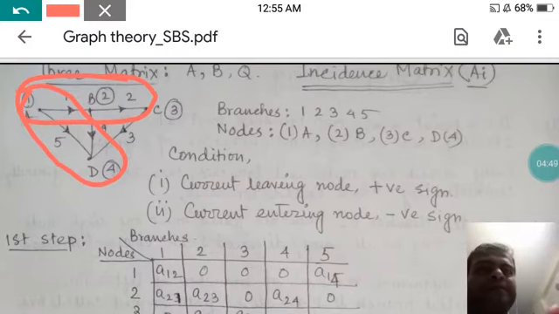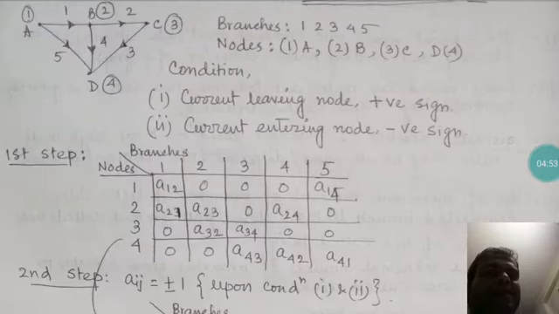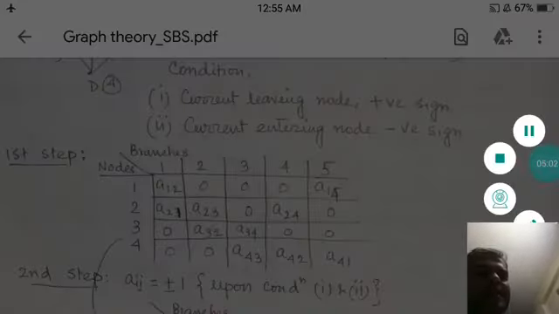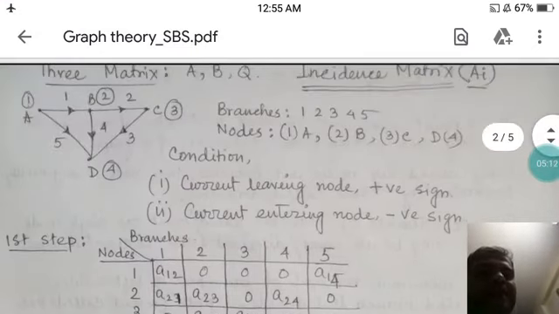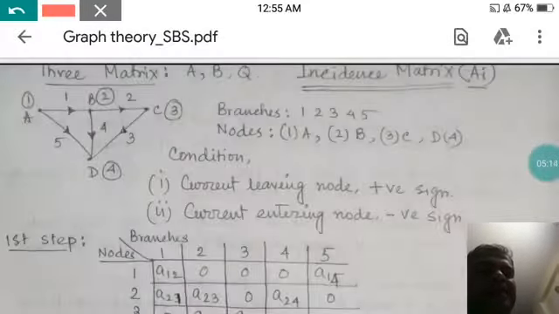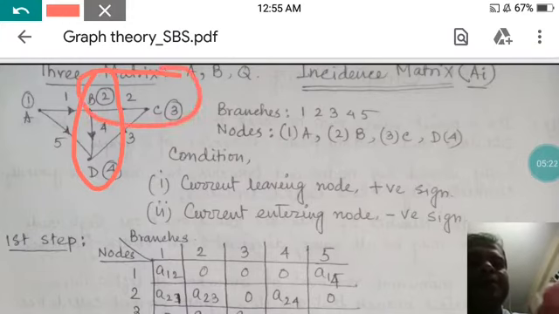In the same way, going from 2 to 1 it is A21. For node 2, how many relations are there? In this graph, 2 is related to 4, 2 is related to 3, and 2 is related to 1.